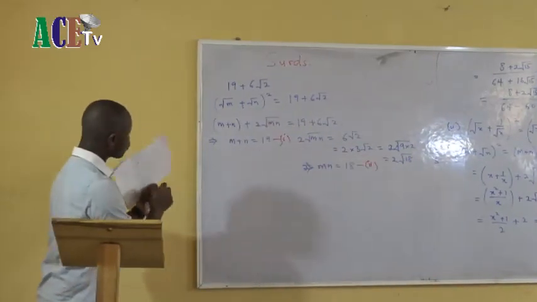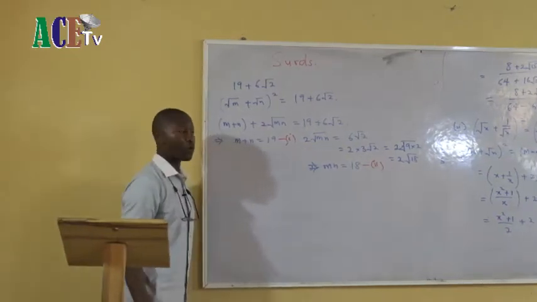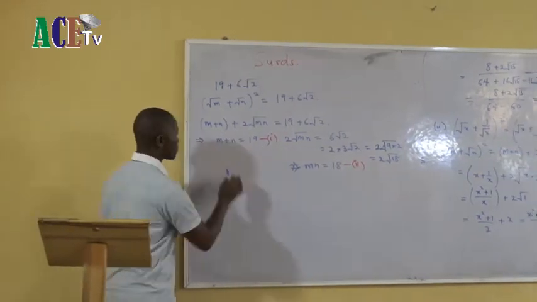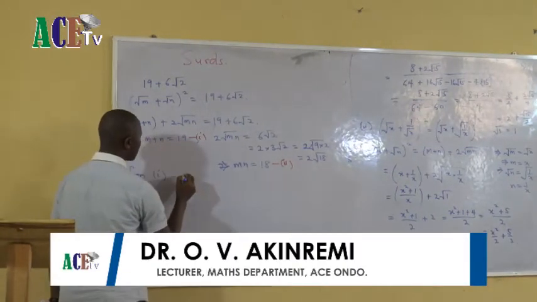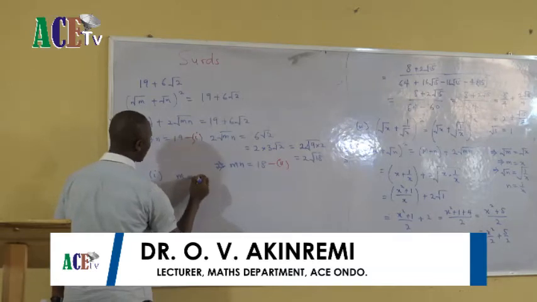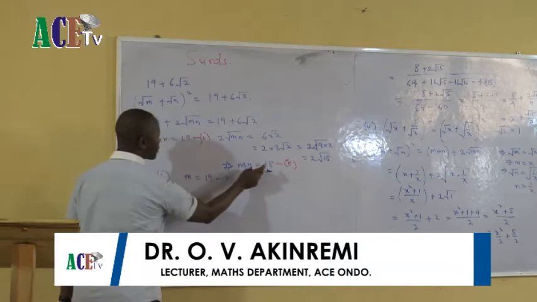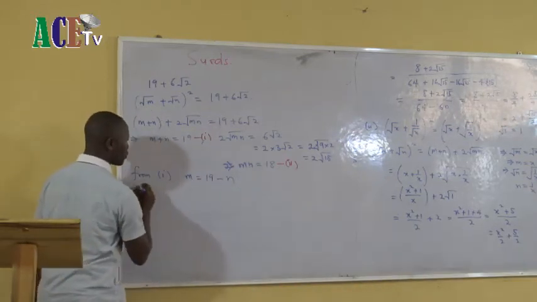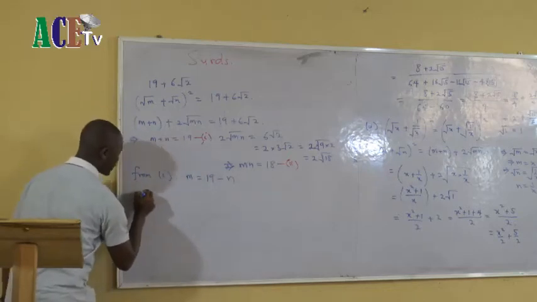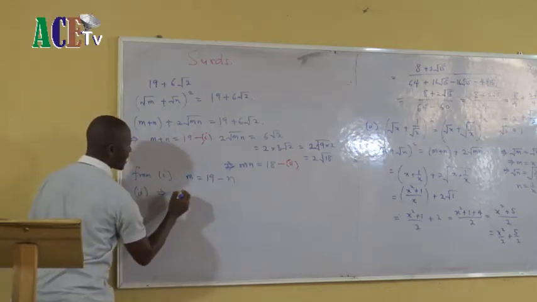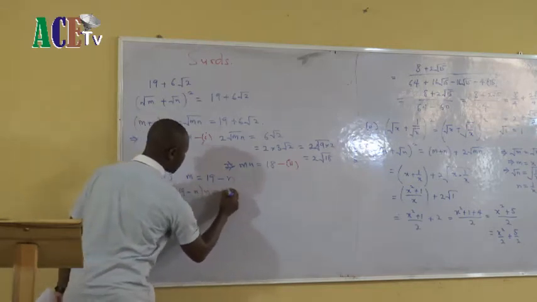Now, we've gotten 2 equations that we need to solve. We'll solve them simultaneously. From equation 1, we would have m equal to 19 minus n. If we have 19 minus n, then we can substitute in equation 2. So equation 2 would then imply that we would have 19 minus n in bracket times n is equal to 18.